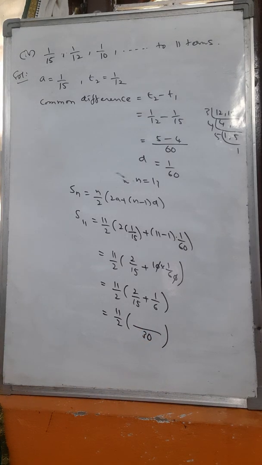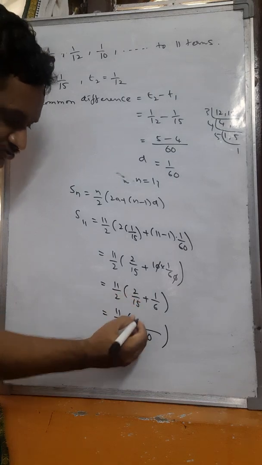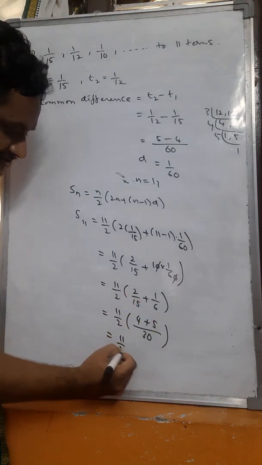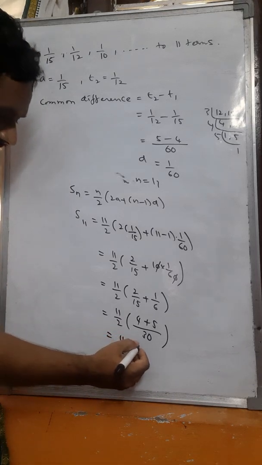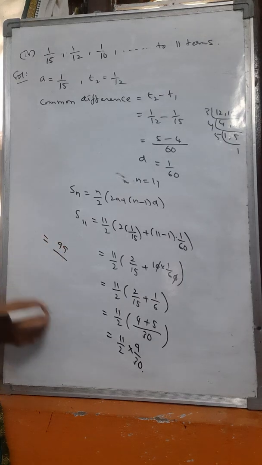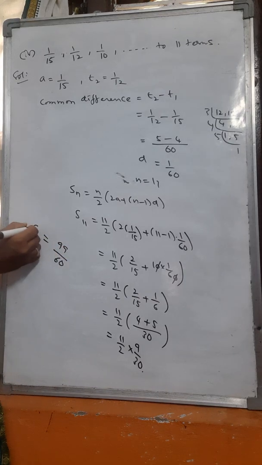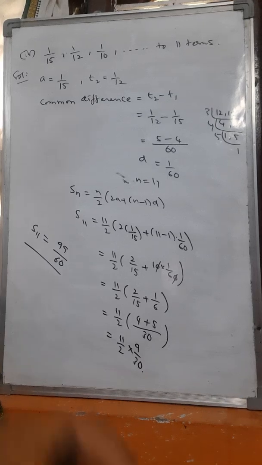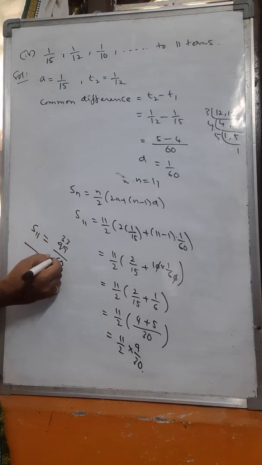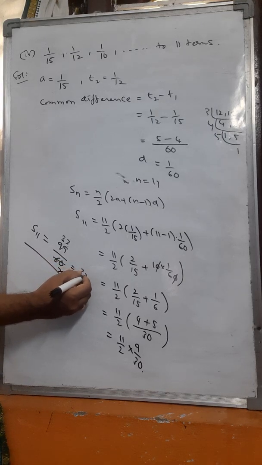So 2 into 2 is 4, plus 5. So that is 11 by 2 into 9 by 30. Therefore that is equal to 99 by 60. So S11, the sum of the 11 terms, is equal to 99 by 60, which is 33 by 20.